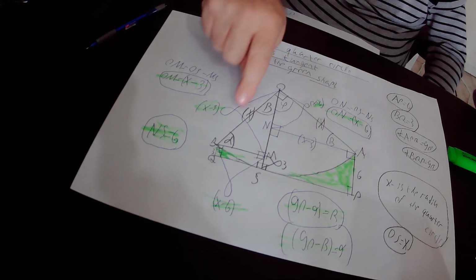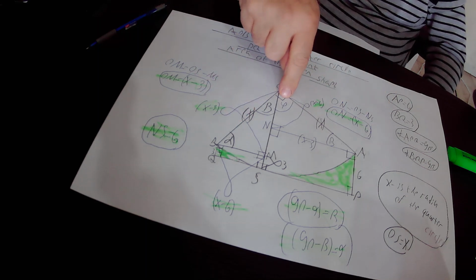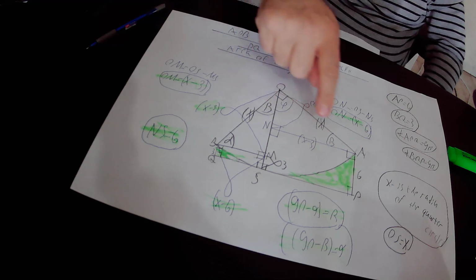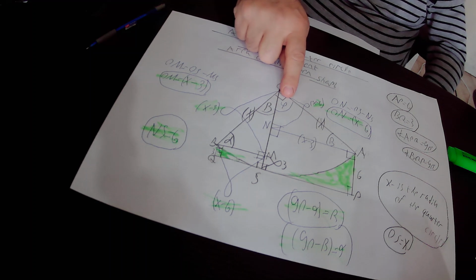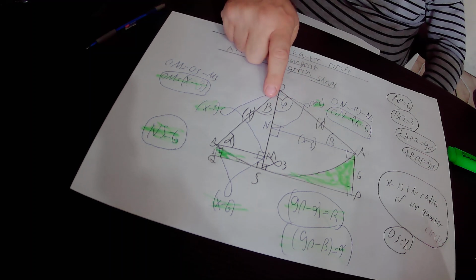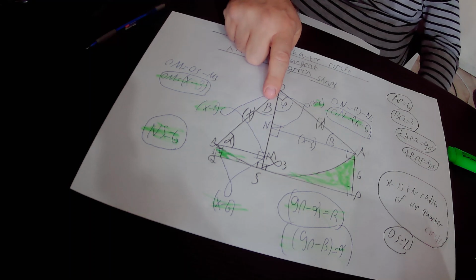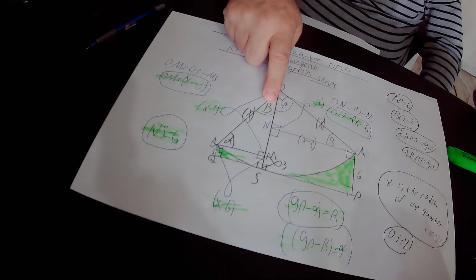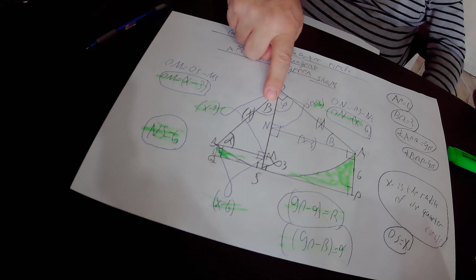So the right angle OAB minus this angle alpha must be equal to the missing angle. So this missing angle equals 90 degrees minus alpha. But 90 degrees minus alpha is beta, therefore the missing angle equals beta.